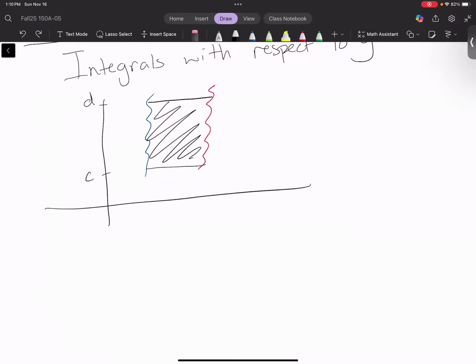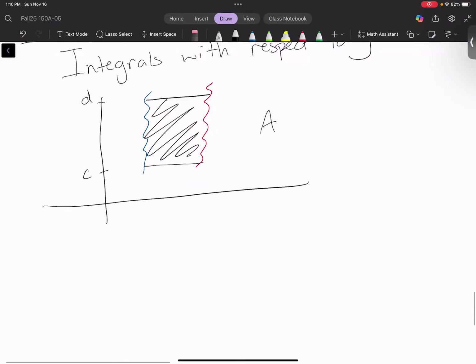So now when we have this integral, this area is from c to d, right? Small to big y values. And then we'll call this x equals f of y, and then we'll call this x equals g of y, instead of y equals f of x.